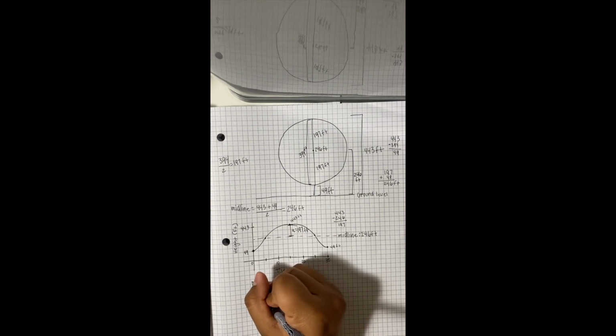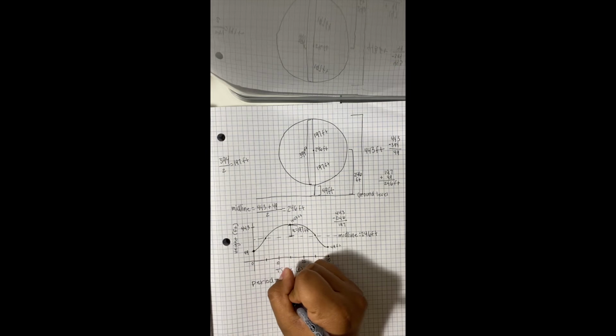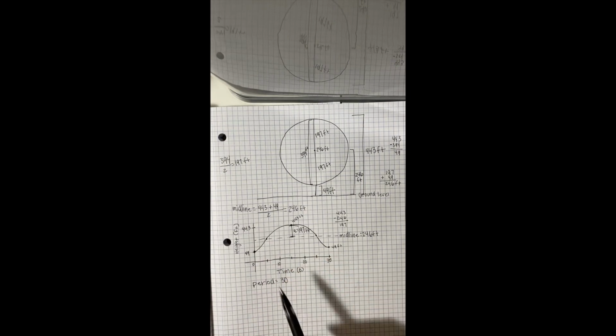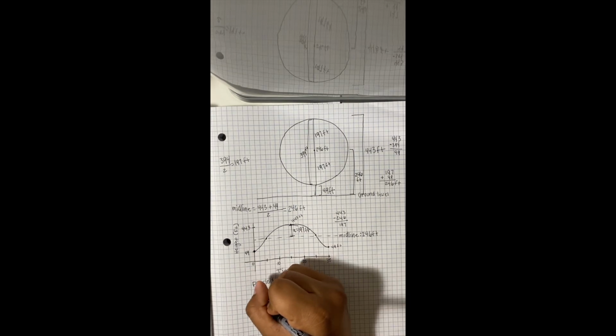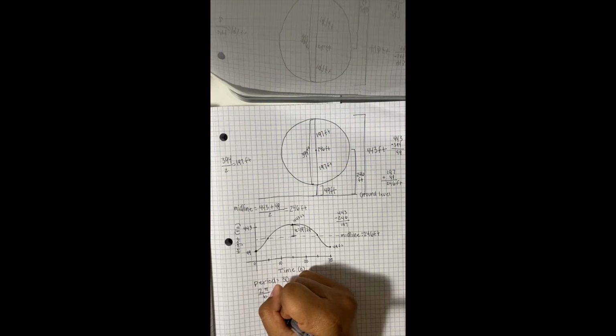I found that the period of the graph is 30 because it takes 30 minutes to make one full revolution. I set 2 pi over b equal to 30. Then I cross-multiplied and divided to find that b equals pi over 15.